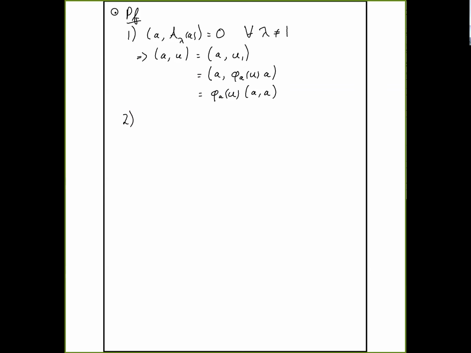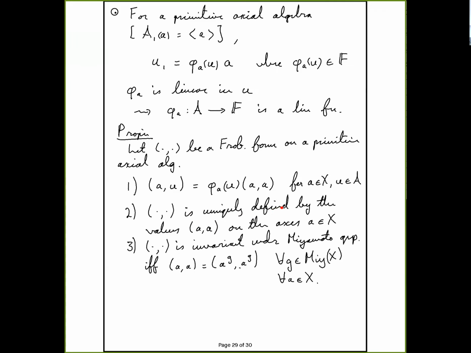So what was the second one? The second one was that this is uniquely defined by the values on the axes. So the way I want to prove this is by proceeding by induction on, so again, my axial algebra is spanned by products of axes. So if I can show that every product is uniquely defined by just the values on axes, then I'm done.